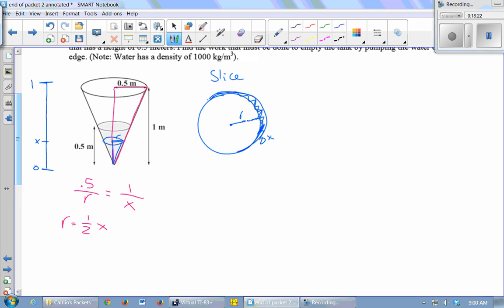So I come over here, replace the r with 1/2 x. Okay, so the volume of this slice of water is pi times the radius squared times delta x.